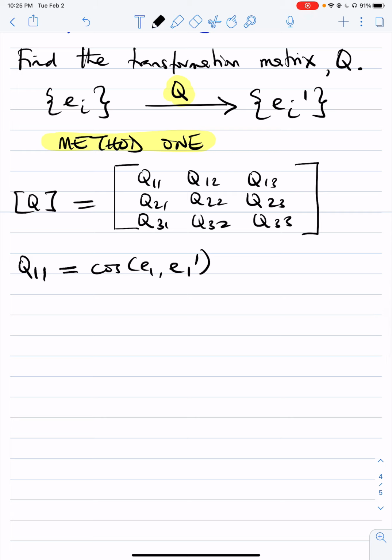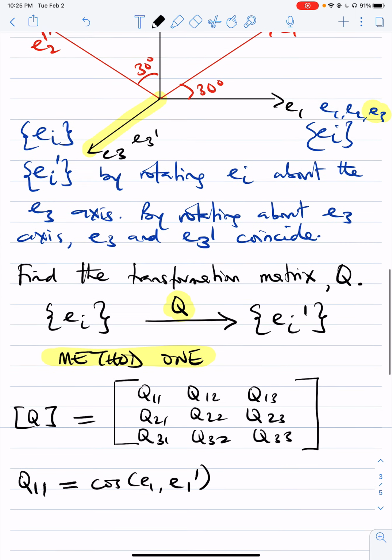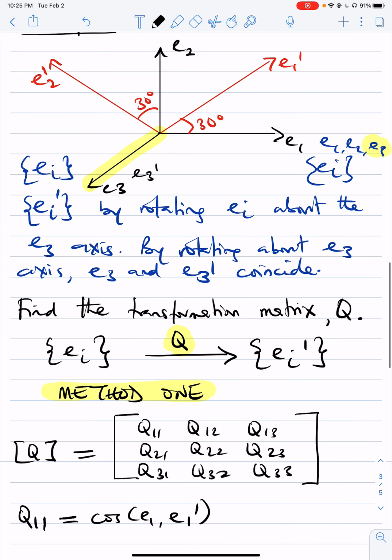I hope this is clear. So look at E1 and E1 prime, we have 30 degrees in between, right? Exactly.